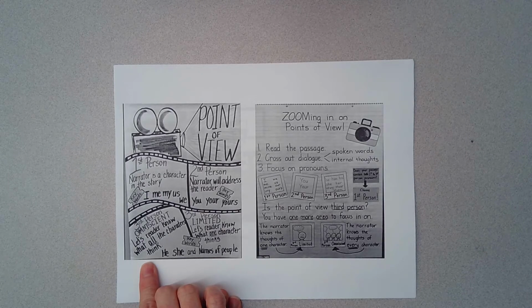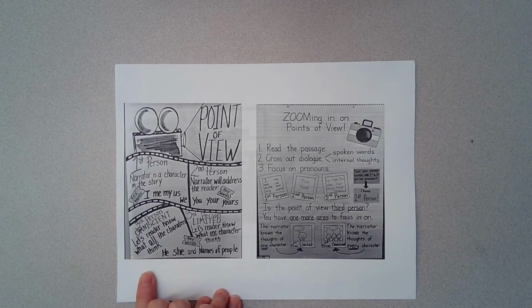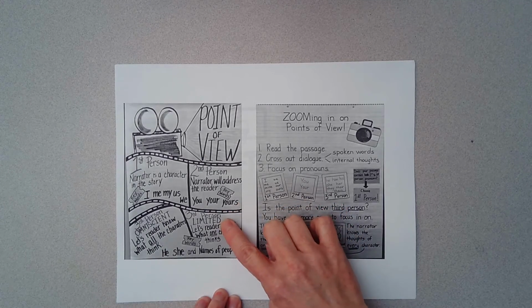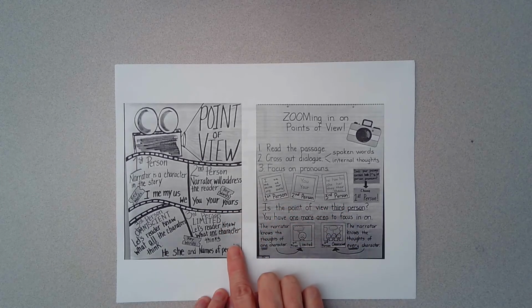The narrator knows the thoughts of every character in the story. If a story is being told by third person limited, the narrator is limited or restricted, and they only know the thoughts of one character in the story.